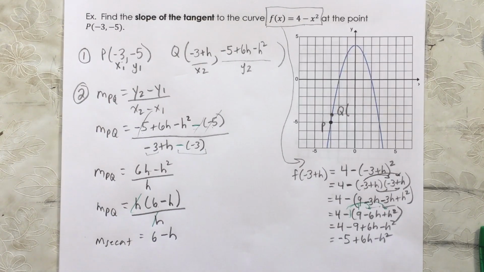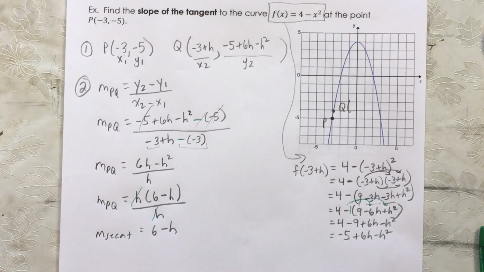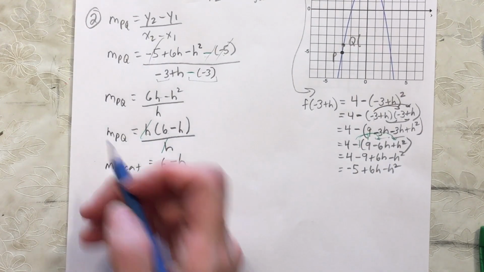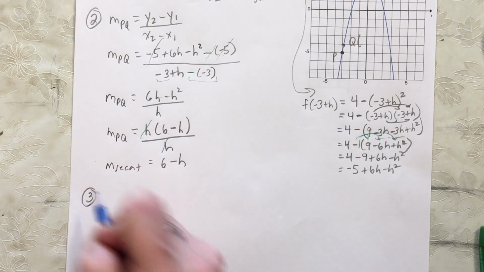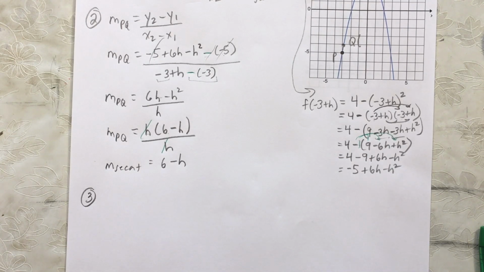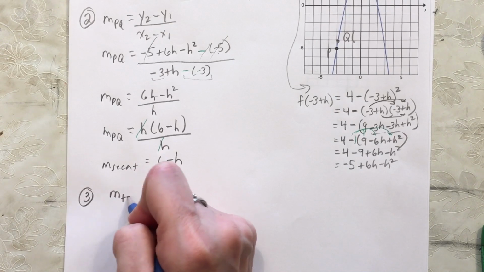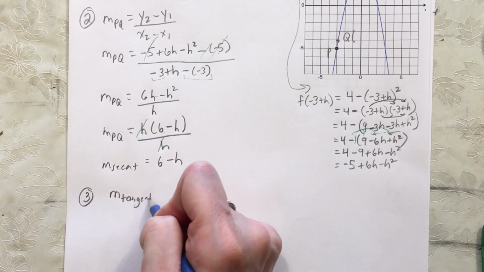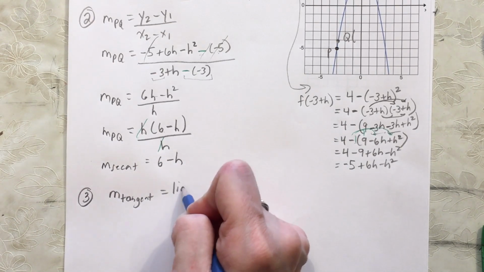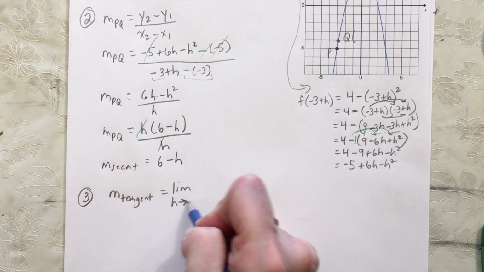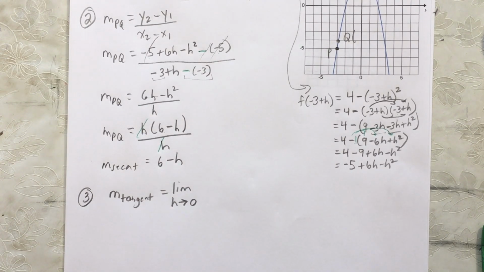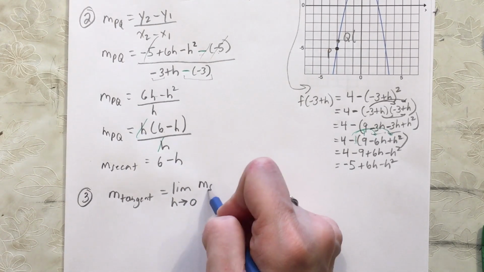Okay, so now we're on to step 3, which is the calculus part. So we haven't really done any calculus up till now. We've just set the question up. So the calculus is the fact that Newton came up with the slope of the tangent is the limit, as that little horizontal distance h approaches 0, of the slope of the secant.